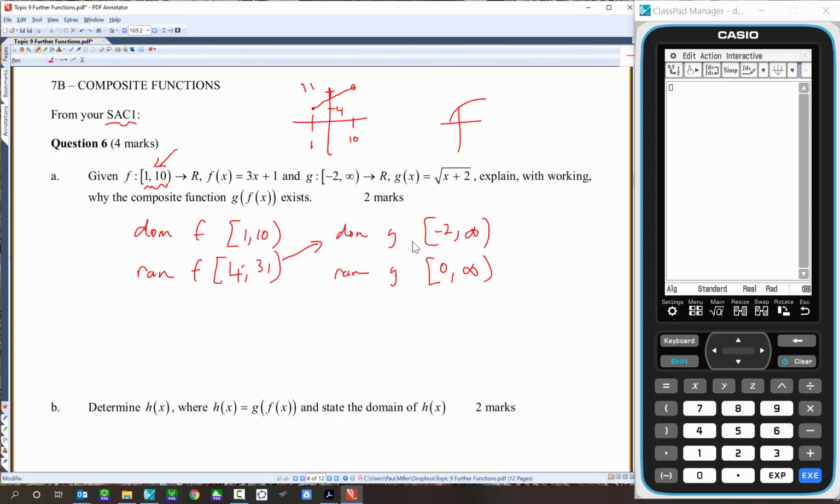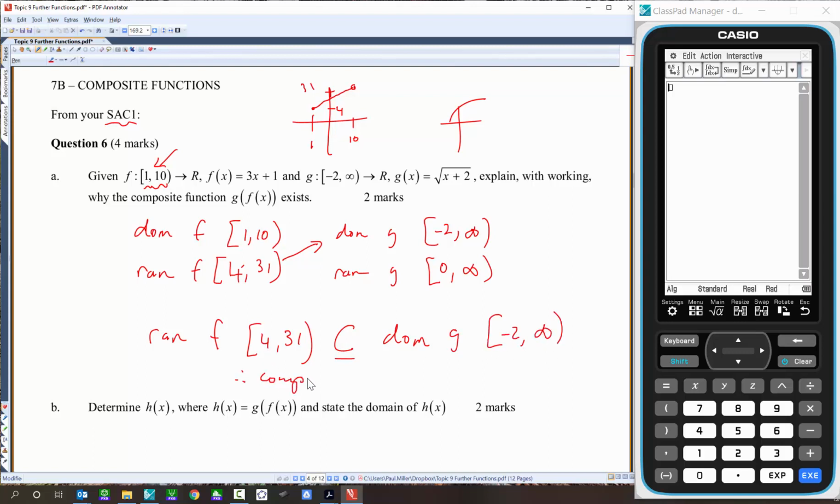Okay, so if we have a look here, this is what we're going to conclude. The range of f, which is 4 to 31, is a subset, now that's the notation for subset, of the domain of g, -2 to positive infinity.